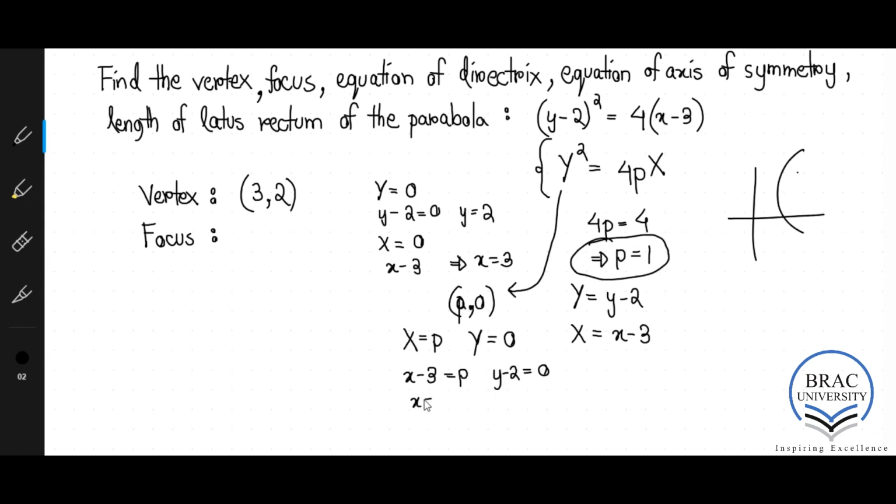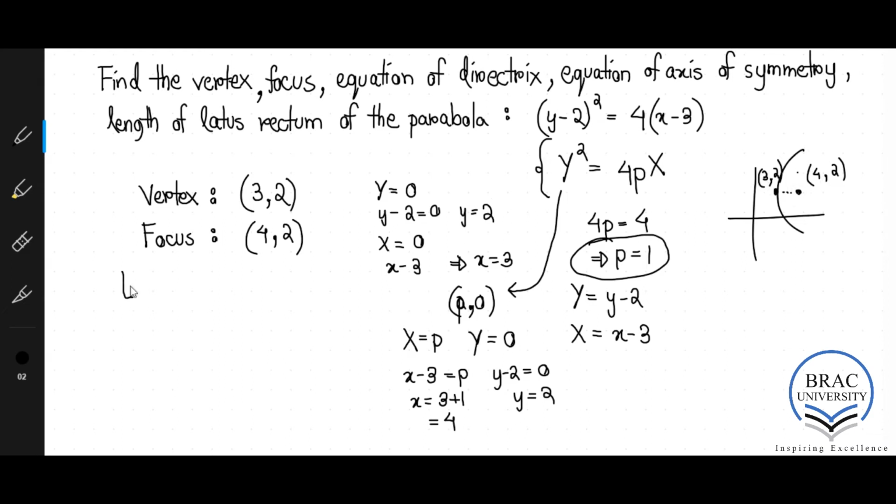So x is equal to 3 plus 1, and y is equal to 2. So we have (4, 2). I'll go ahead and label that on the diagram so it's easier to understand. You can see this (3, 2). The focus is a point here, which is (4, 2). It's the same value on the y-axis, and it's just shifted forward on the x-axis.